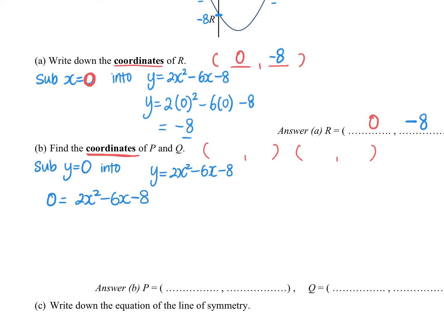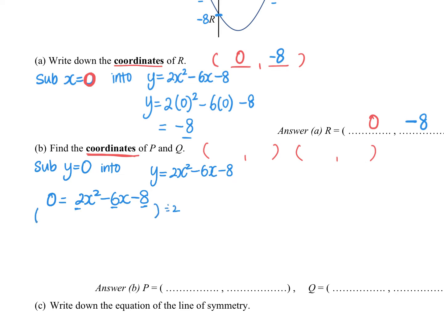In general, at Sec 2 level, you'll be able to do factorization. But before we begin, the numbers 2, 6, and 8 are all multiples of 2. So we can simplify our equation and divide both sides by 2.